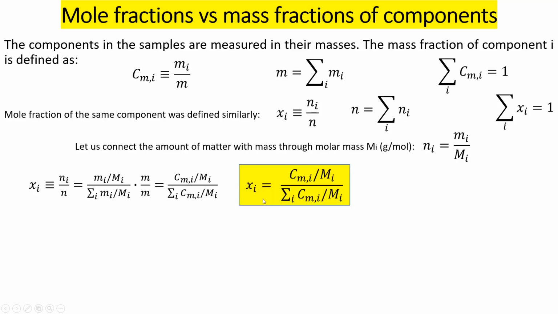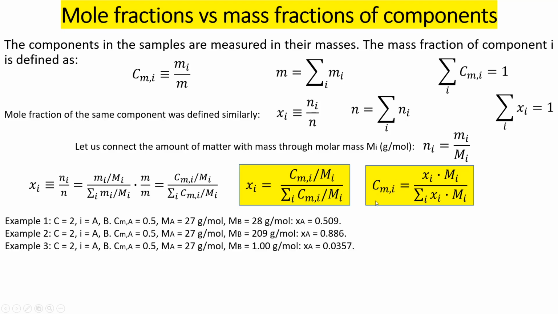So finally, I derive the connection between the mole fraction of component i and the mass fraction of the same component i, and for that the only new information I needed was the atomic masses or molar masses of all the components. Well, obviously I can get it vice versa. If I know the mole fraction, this is the way to recalculate it to the mass fraction.